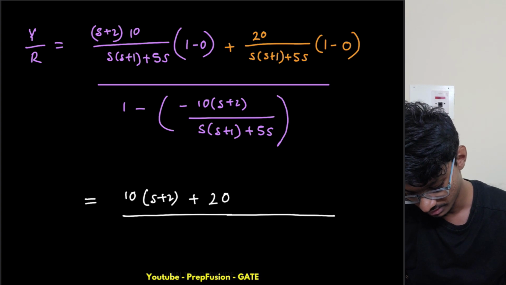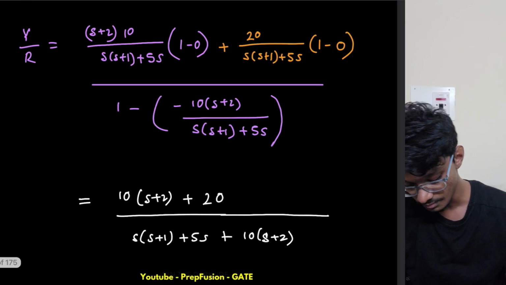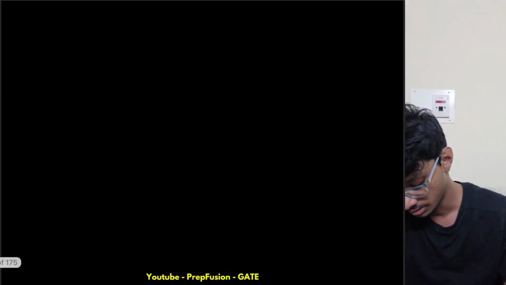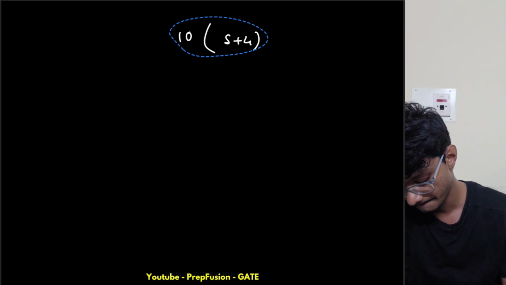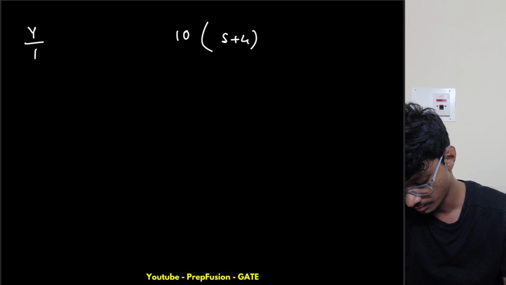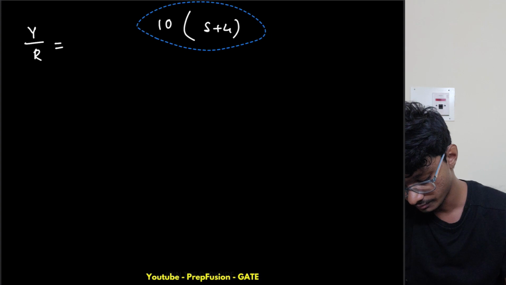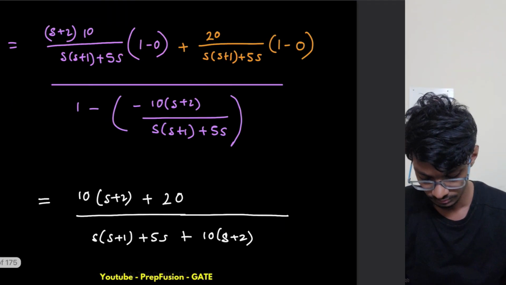So what does this become? s into s plus 1 plus 5s plus 10 into s plus 2. So this is 10s plus 20, let me take 10 common here, so s plus 4 we have at the numerator. This is y upon r. And the denominator, what do we have?